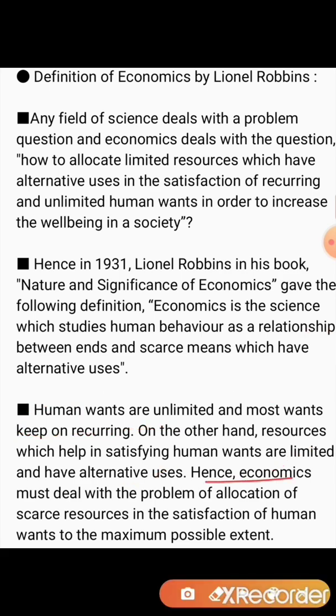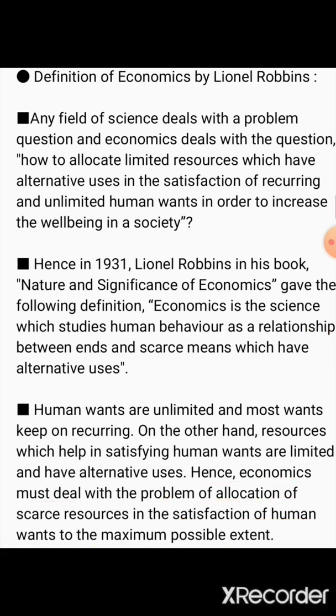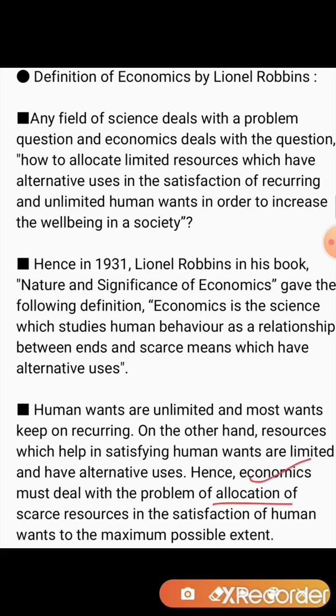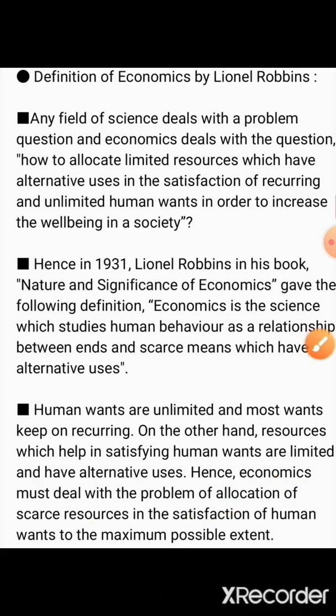Hence, economics must deal with the problem of allocation of scarce resources in the satisfaction of human wants to the maximum possible extent. So economics is a science which helps human beings to allocate their limited resources in the best possible manner so that they can get the maximum satisfaction.